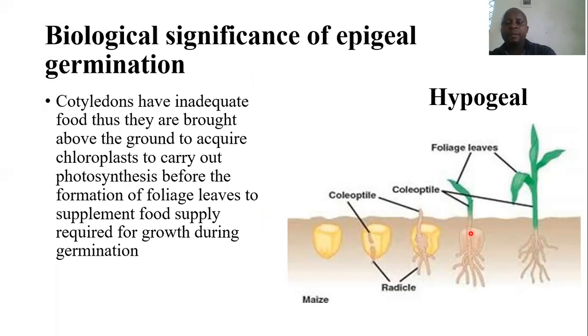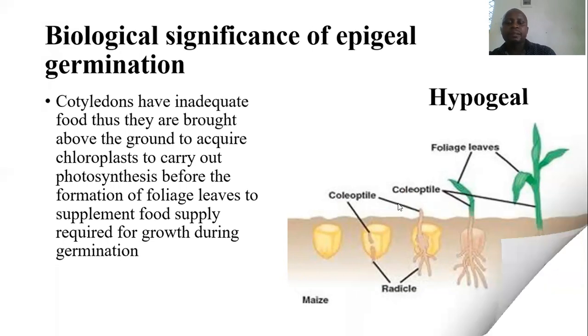As the epicotyl extends up there, it is protected by this protective covering called the coleoptile. When the shoot emerges, the first foliage leaves will emerge from the coleoptile. So the one which protects the roots is the coleorhiza, and the one which protects the shoot is the coleoptile.